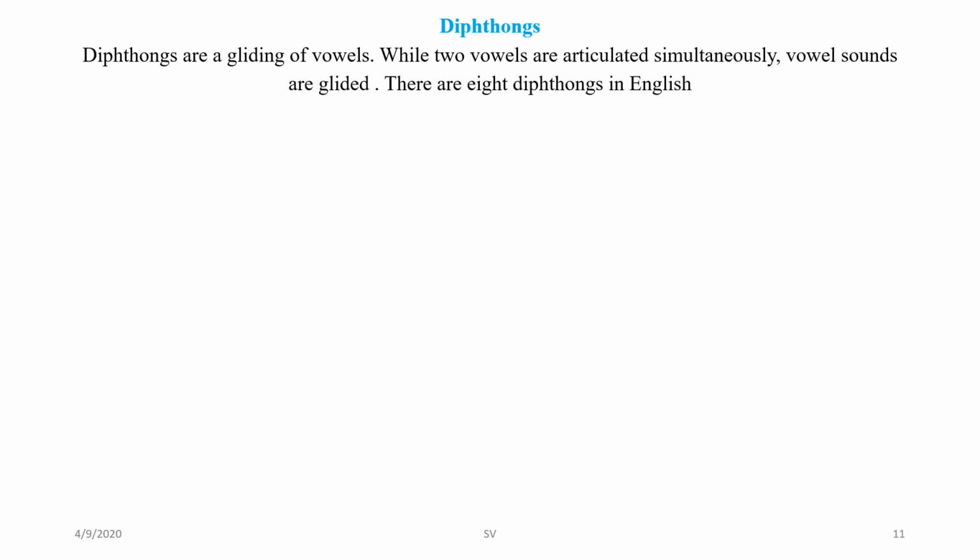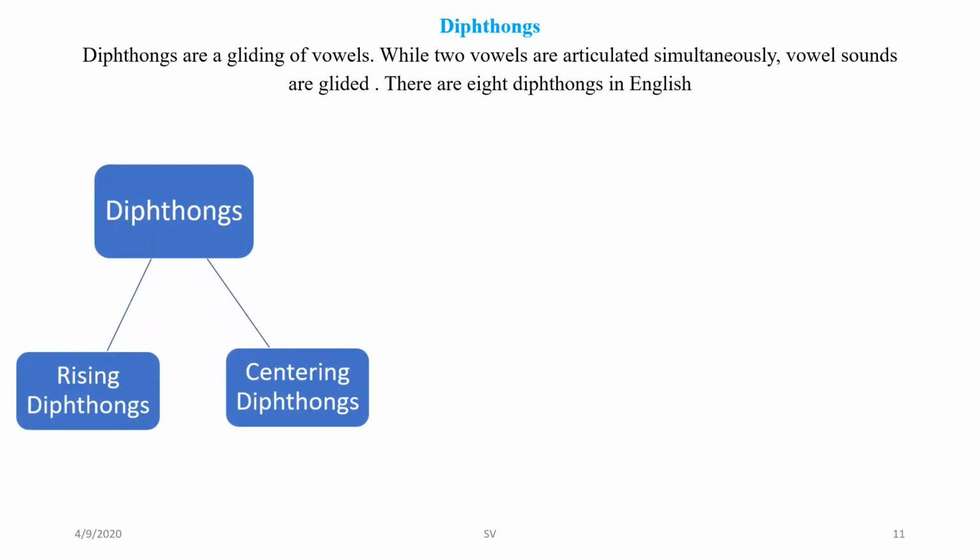Now we have diphthongs. Diphthongs are a gliding of vowels while two vowels are articulated simultaneously. Vowel sounds are glided. There are 8 diphthongs in English. We have two classifications under diphthongs.